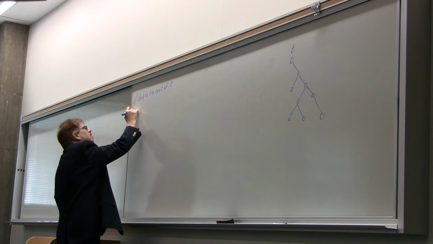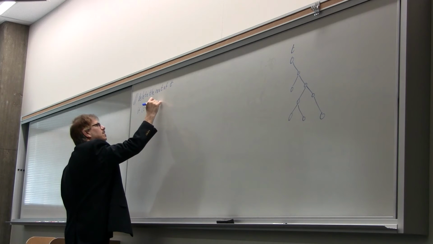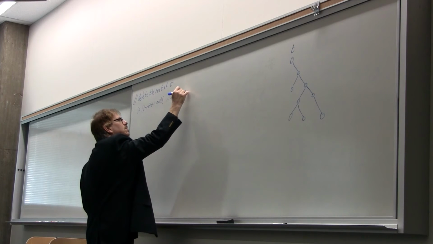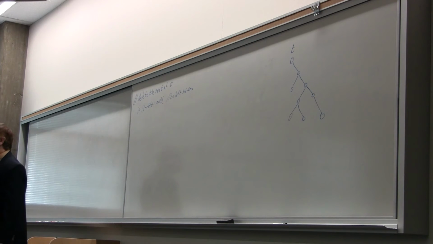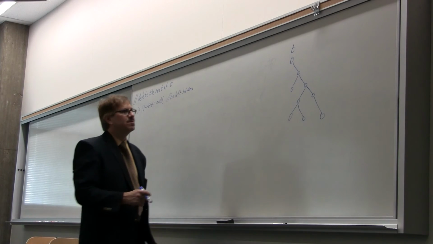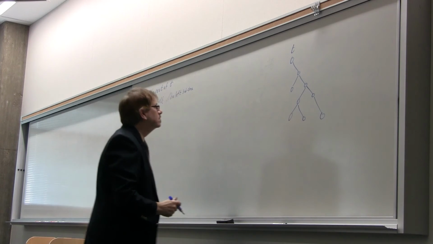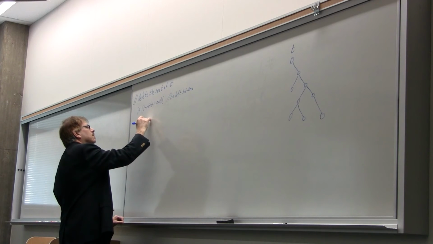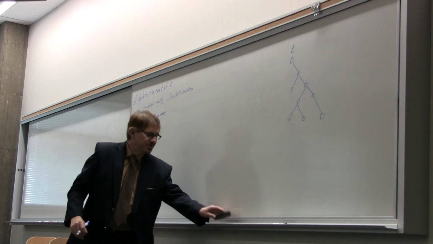So if T left is null, so there's no left subtree, well, we can find the largest thing on the right and replace the root with that, but we're going to do something even easier. We're just going to move the root of our tree to right here. So how are we going to do that? Temp equals T arrow right. Let me not call it temp, let me call it new root.